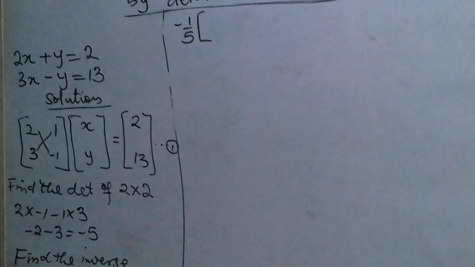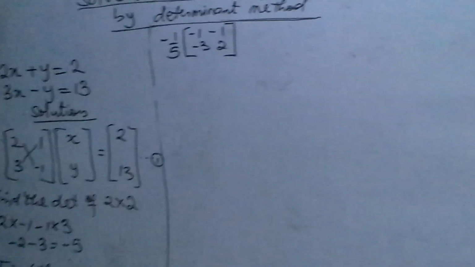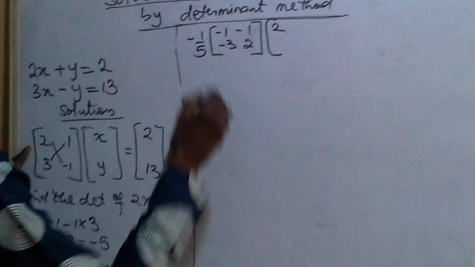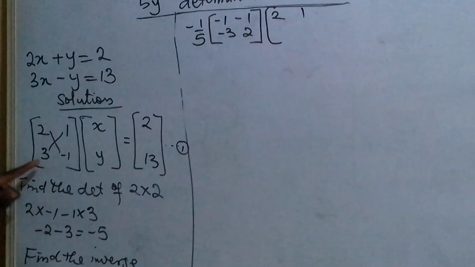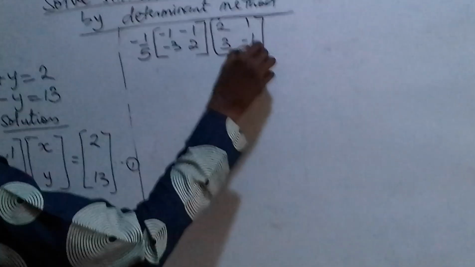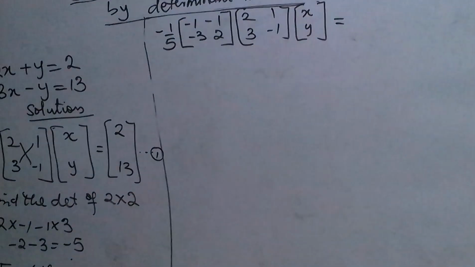So the inverse is minus 1 over 5 into minus 1, minus 1, minus 3, 2, multiplying the matrix 2, 1, 3, minus 1. Then we have our x and our y.